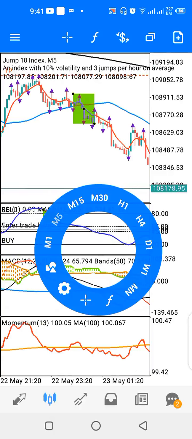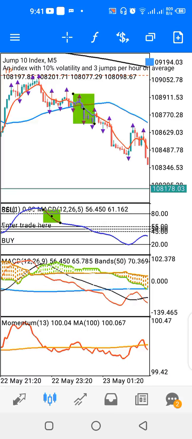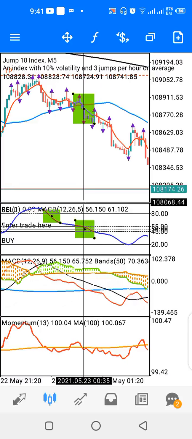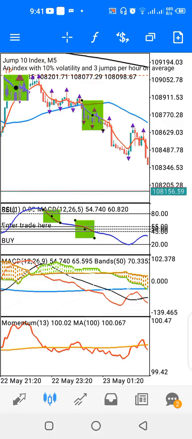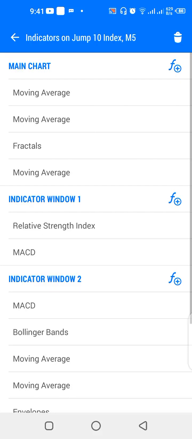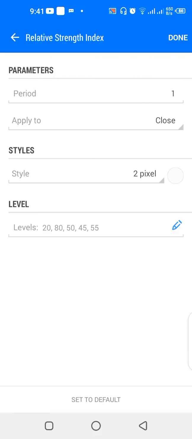Now enter trade, more like your confirmation, is when it now crosses into this zone. And if you look at that zone in line with when the red line crosses below the blue line, you can see it aligns. Okay, so that's basically the parameters for the relative strength index on indicator window 1. Let's look at it again. It's a 1 period.